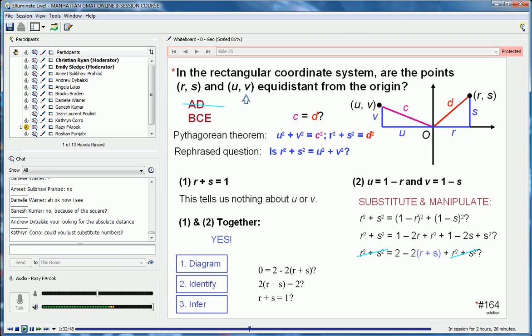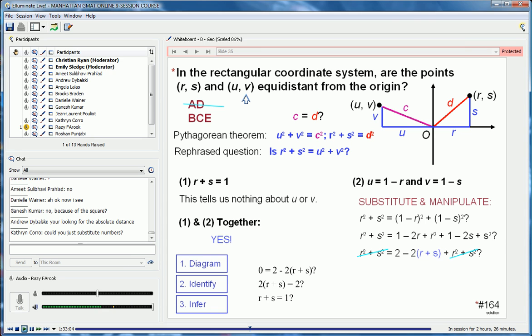Yeah, and you just answered the question about the Pythagoras theorem. But if, for example, in this particular problem, we're given r plus s equals 1, and we determined that that statement was insufficient, and the second statement was insufficient.